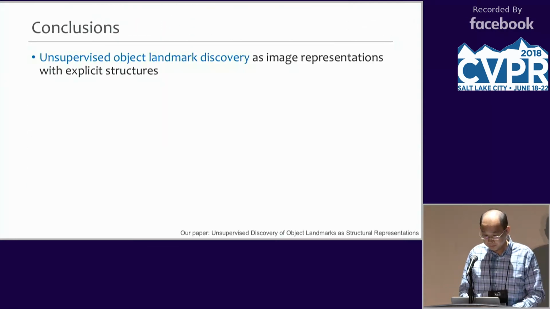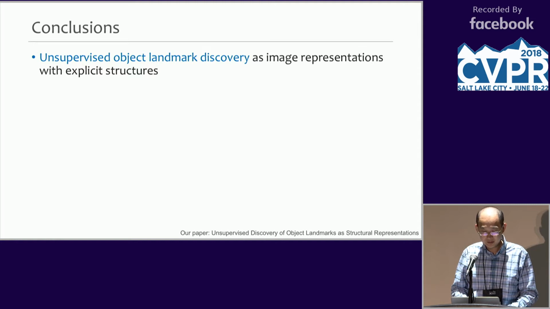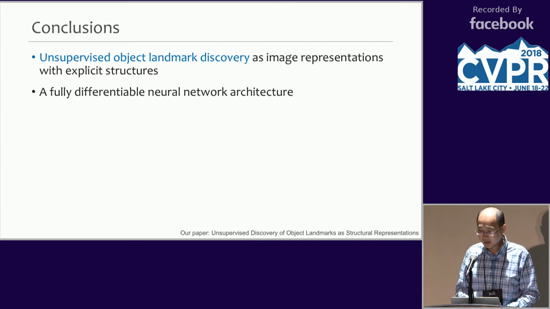To conclude, we address the challenging problem of unsupervised object landmark discovery, and we formulate it as a sub-problem of representation learning with explicit structures. We propose a fully differentiable neural network architecture to tackle this problem.